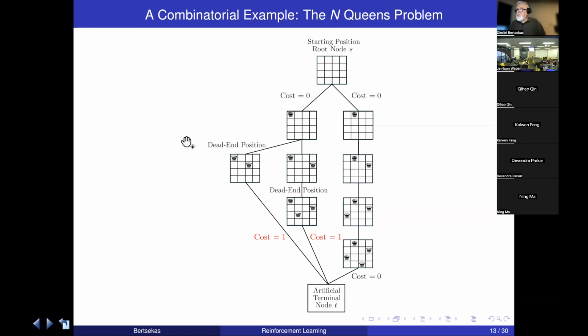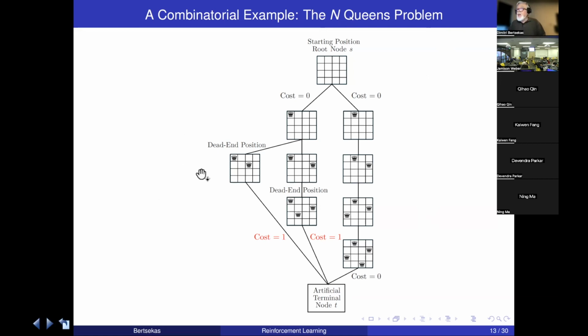The number of solutions also is an interesting question. How many solutions are there? For the 8 queens problem, there's something like 90 solutions, 90 configurations. And some people have obtained the asymptotic number of solutions as n goes to infinity. There's been a lot of interesting mathematics, combinatorial mathematics, around this problem.